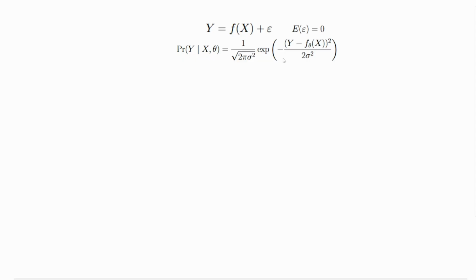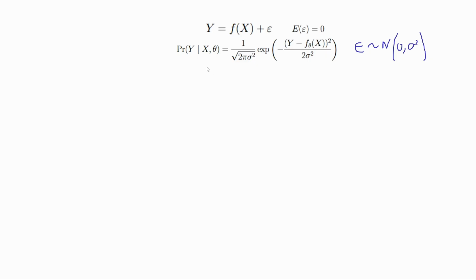Now notice that our only assumption is that our error term, epsilon, is distributed as normal, with mean 0 and some variance sigma squared. This is the only assumption, and so we can write out the PDF of the normal distribution as follows. Now, this is the probability of observing a single point, but we want the probability of our entire data set. So we want to multiply this probability by all the other probabilities of each other point.